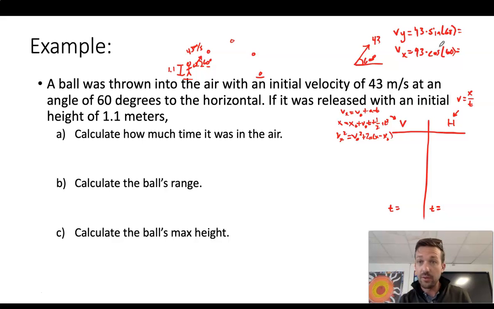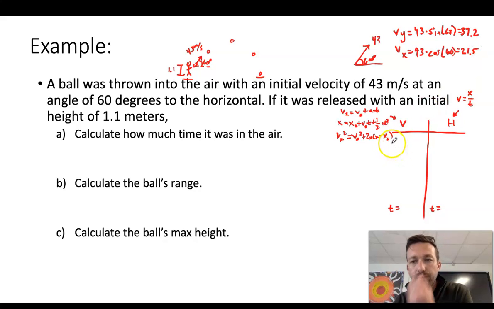So let's calculate what that is. 43 times sine of 60 is going to be 37, and 43 times cosine of 60 is 21.5. Okay, so this one is going to be 37.2, and this one will be 21.5, and they're both meters per second, okay? So I can write those down.